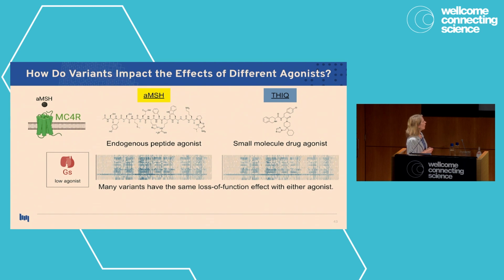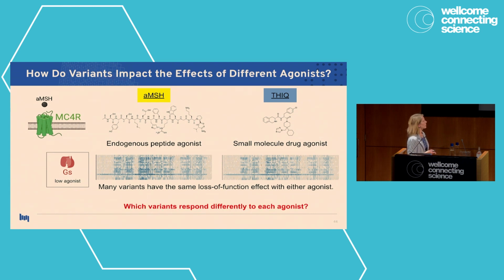So we did deep mutational scanning in the presence of each of these different compounds. I'm showing data again just for one low agonist concentration for our Gs assay. And you can see shown here the heat maps for alpha MSH versus THIQ, and the heat maps are pretty similar. Many variants have exactly the same loss of function effect with either of the agonists.